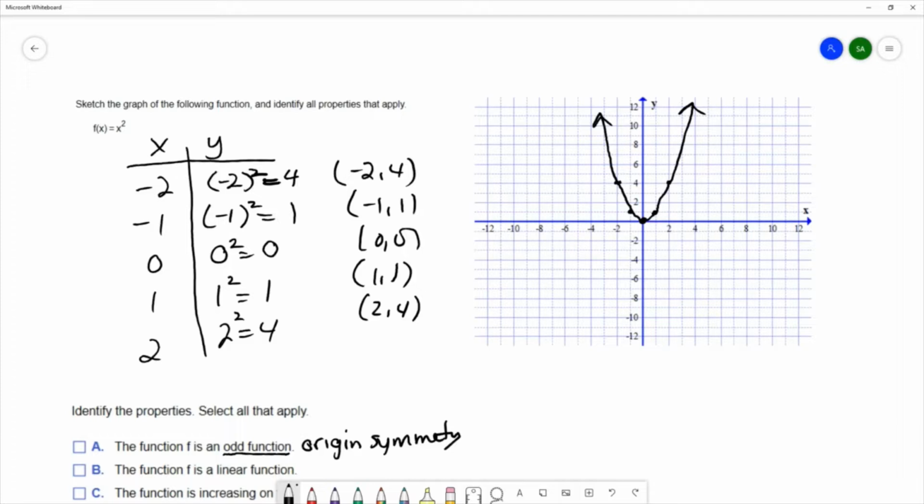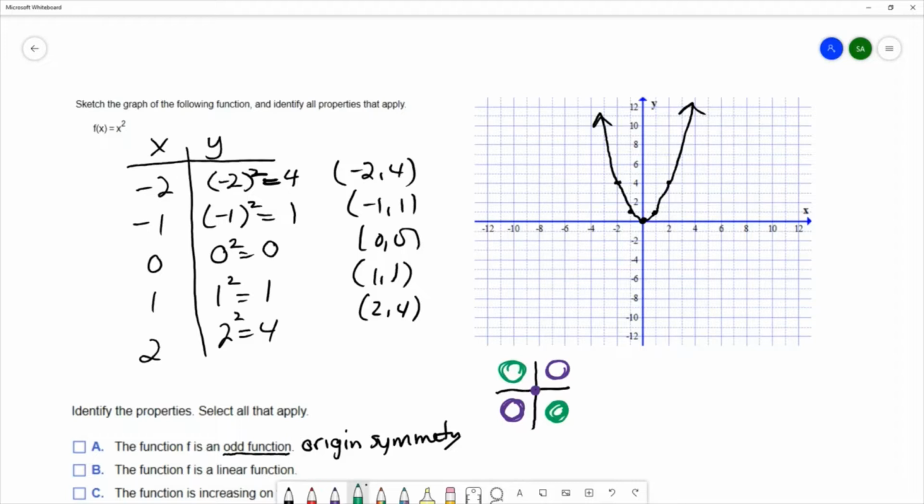So a graph or a function that has origin symmetry will have a mirror image going over the origin. So that means that your picture in the first quadrant would be a mirror image in the third quadrant. And if you have a picture in the fourth quadrant, it would be a mirror image in the second quadrant.